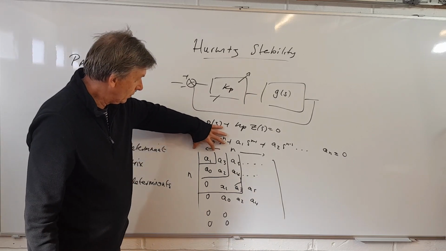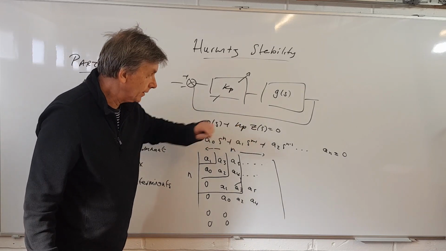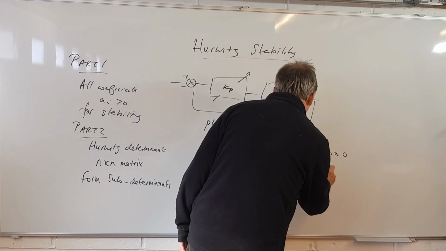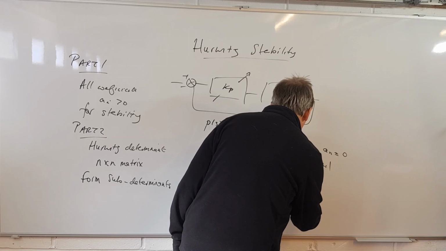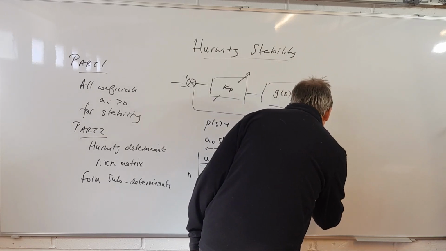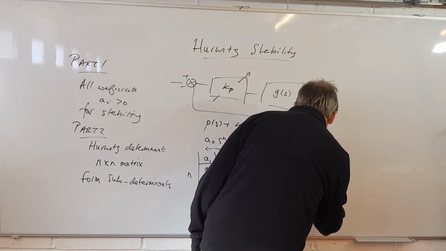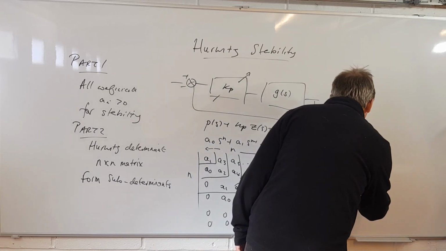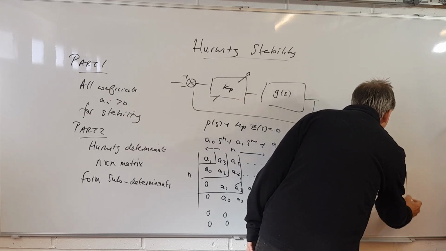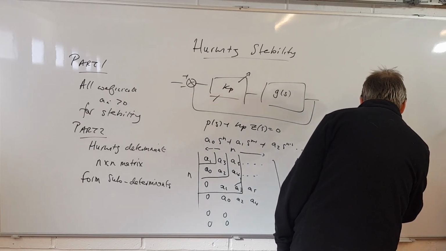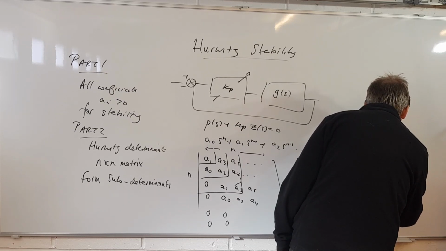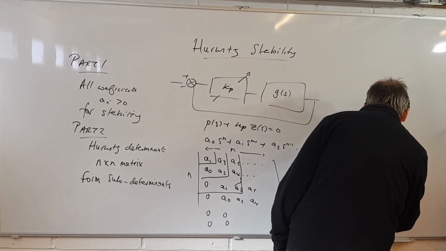So the first one's delta 1, the second one's delta 2, the third one's delta 3. So for example, delta 1 is given by a1, delta 2 is a1, a3, a0, a2, and delta 3 would be a1, a3, a5, a0, a2, a4, 0, a1, a3.